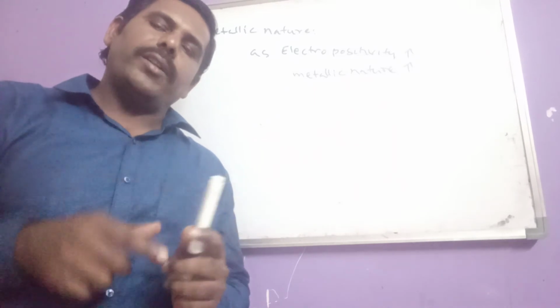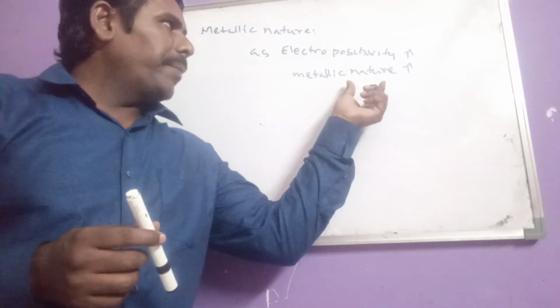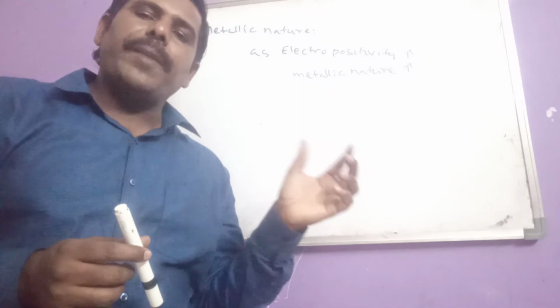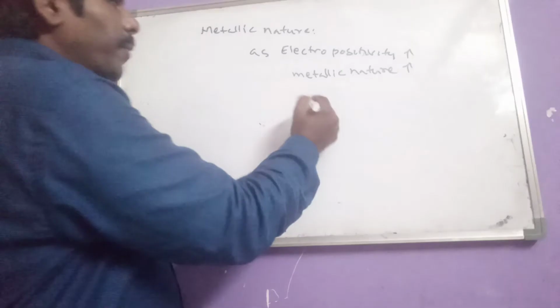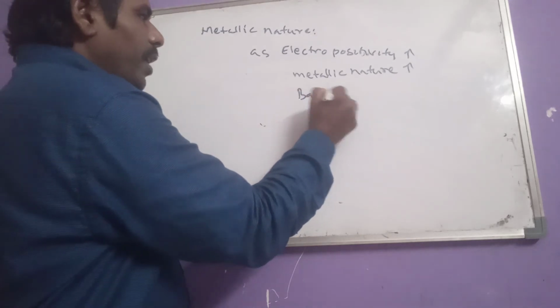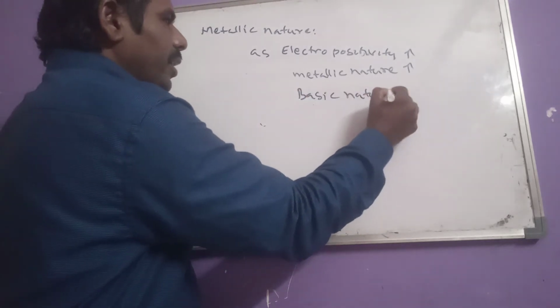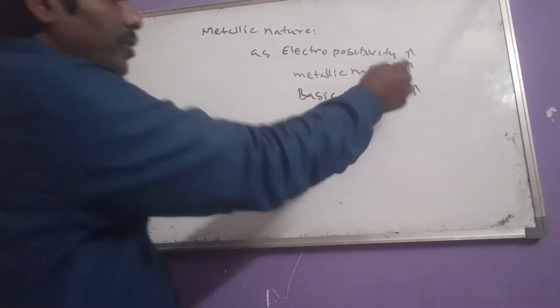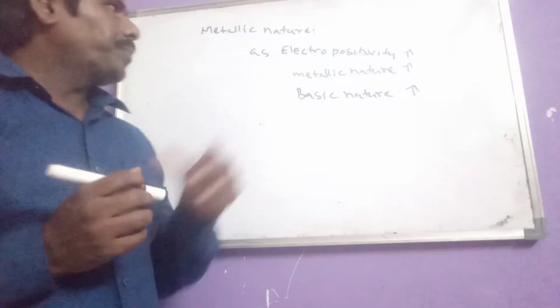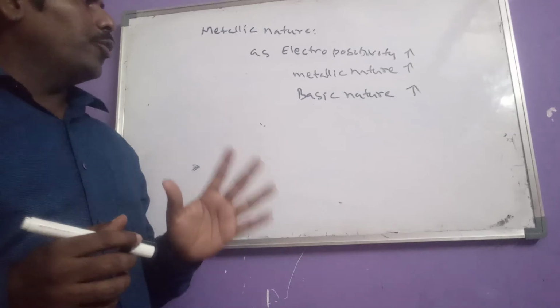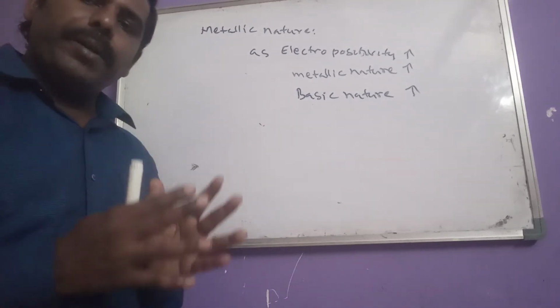And one more important thing here: all metal oxides have basic nature. So in a group from top to bottom, the basic nature of the compounds also increases. Now in a group from top to bottom, we have to remember some things.